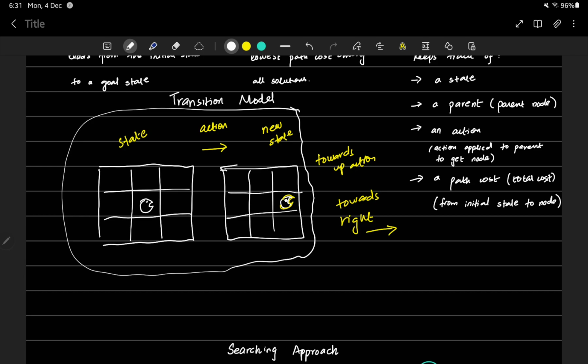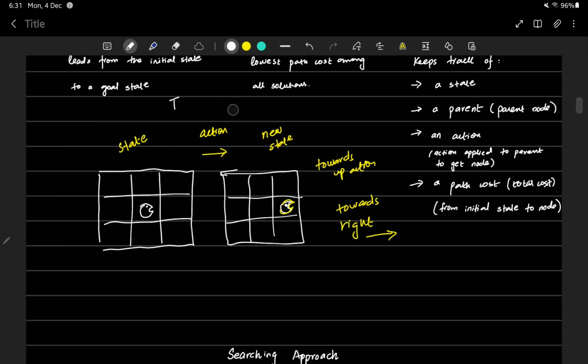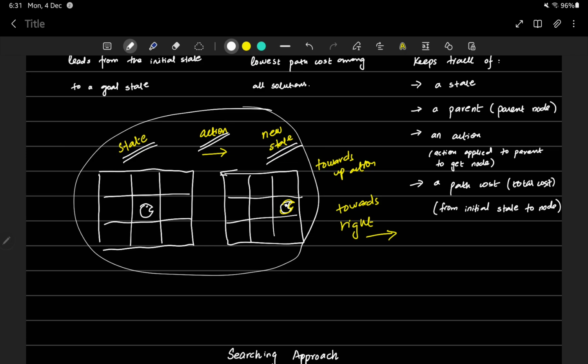As simple as that. Nothing to be confused about, right? It just consists of an initial state, an action, and then it generates the next state or new state where it ends up after taking this action. So this whole thing is a transition model.